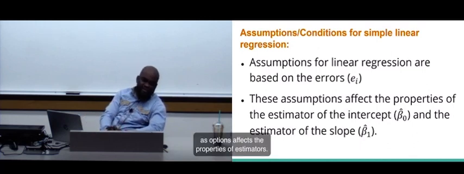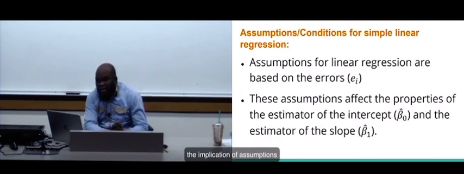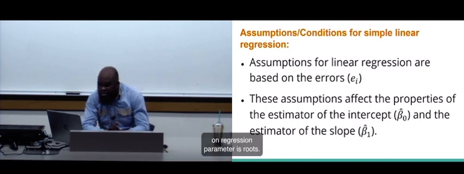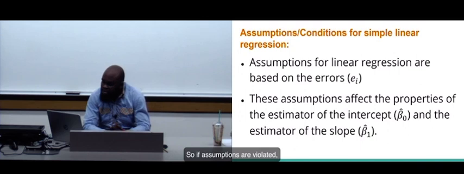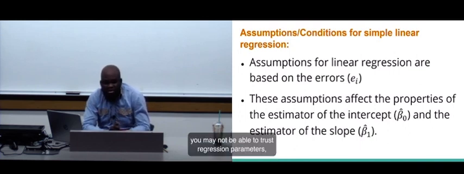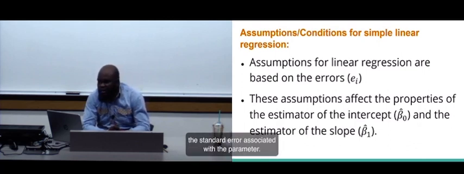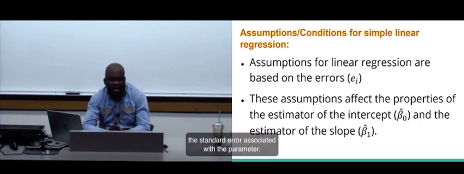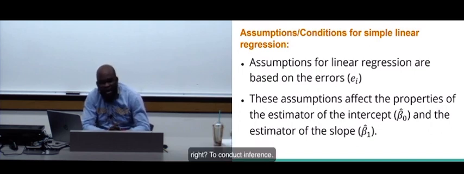Assumptions affect the properties of the estimator. When I say that, it means the implication of assumptions on regression parameters is huge. If assumptions are violated, you may not be able to trust your regression parameters. You may not be able to trust the standard error associated with the parameter, because don't forget, you need a standard error to conduct inference.